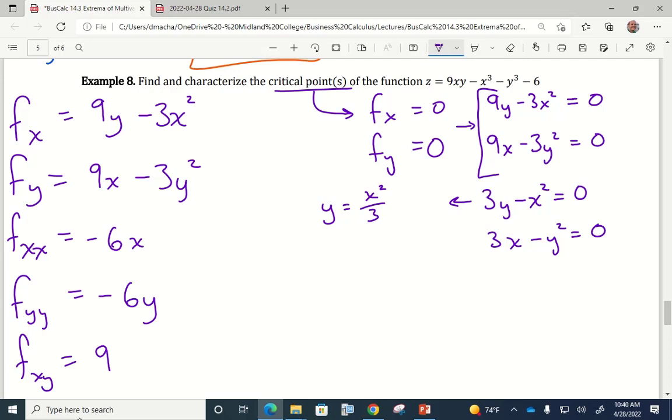Now if I plug in this formula, y equals x squared over 3, into my second equation, that would give me 3x minus x to the 4th over 9, because I'm plugging x squared over 3 in where y goes, so that would be x squared over 3 squared. And x squared squared would be x to the 4th, and 3 squared is 9. And the right side of this equation is 0.